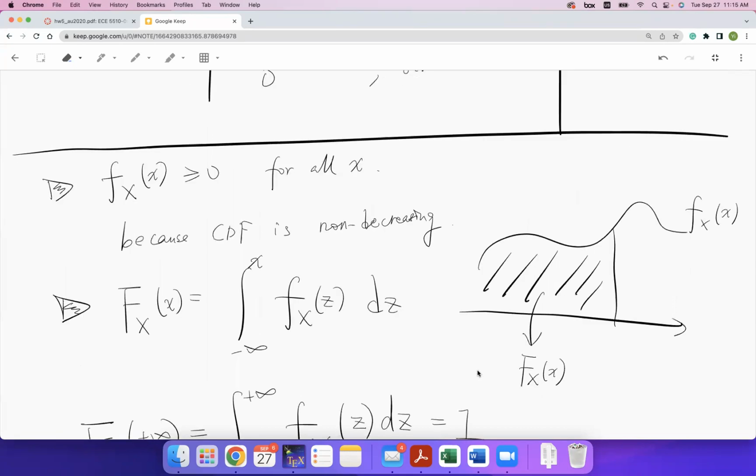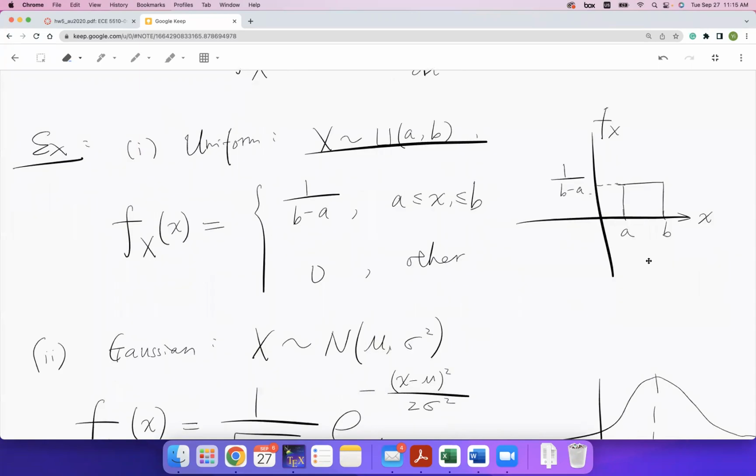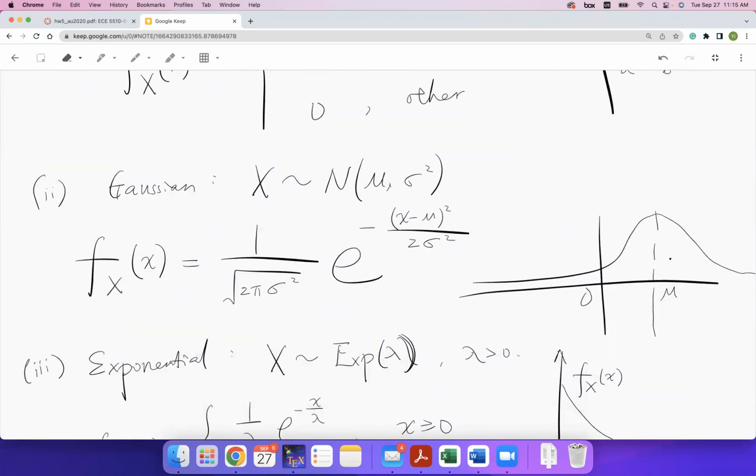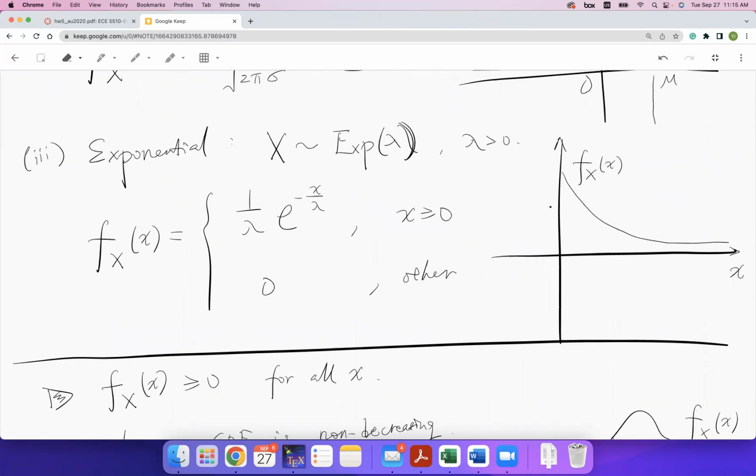We can see that from the previous examples: for the exponential example, integrating f_X over the entire real line corresponds to the area under the curve, so it is indeed 1. For Gaussian, we can calculate that it is also 1, but the integration is a little bit complicated. For the exponential distribution, we can also verify that the area under this curve, by taking the integration, equals 1.